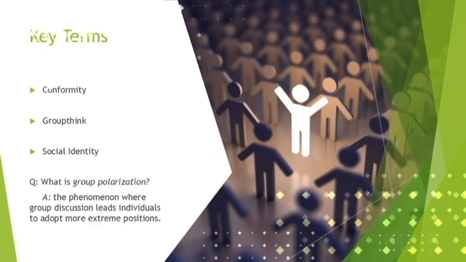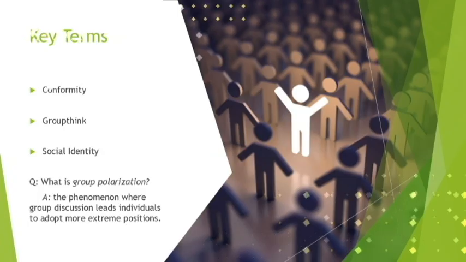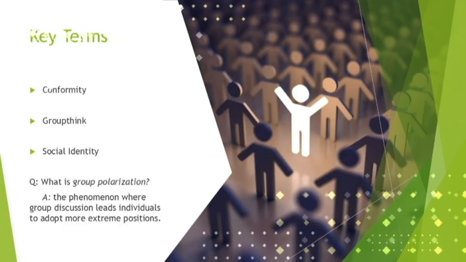But then there's the other possibility of group polarization, where you get a bunch of people together that think the same way, and when they tend to move in the same direction, the group's decisions and actions tend to be more extreme than an individual's alone, which is another experience that can often happen within group dynamics.